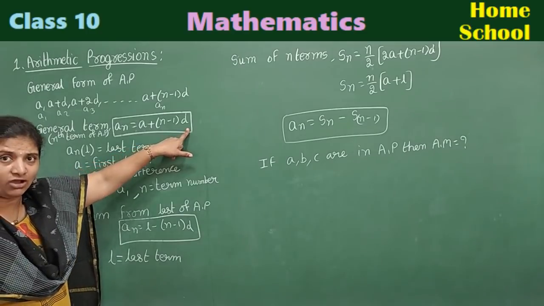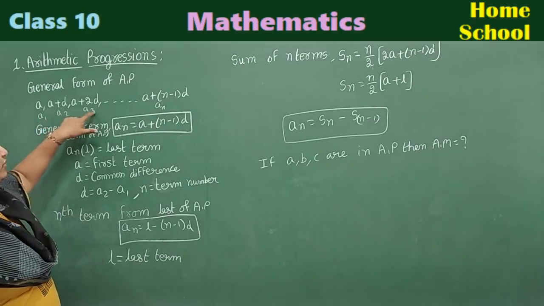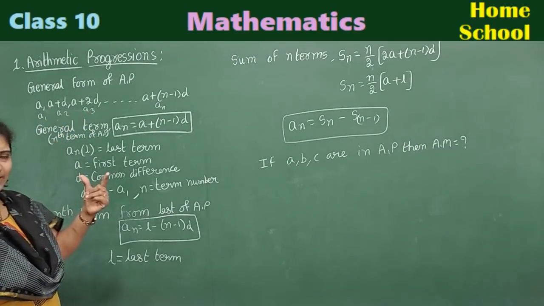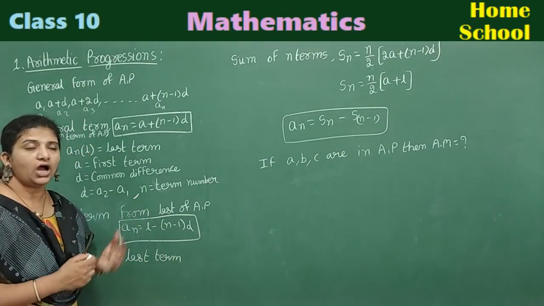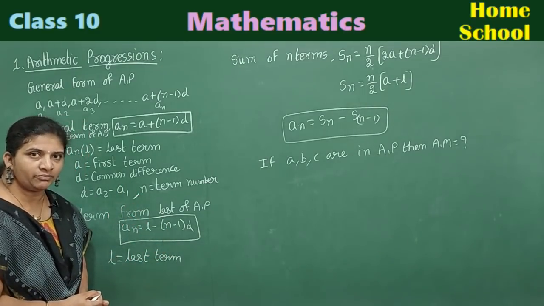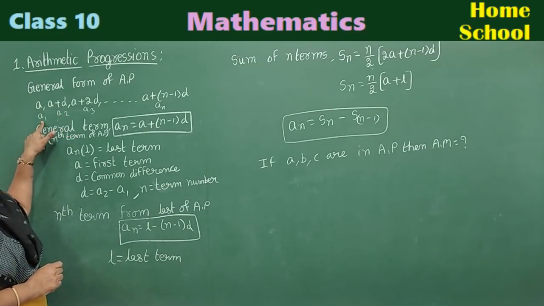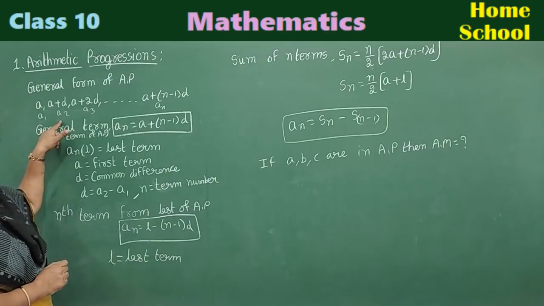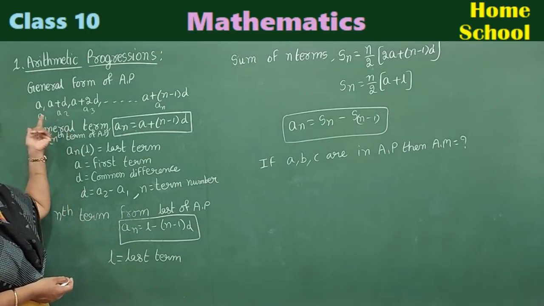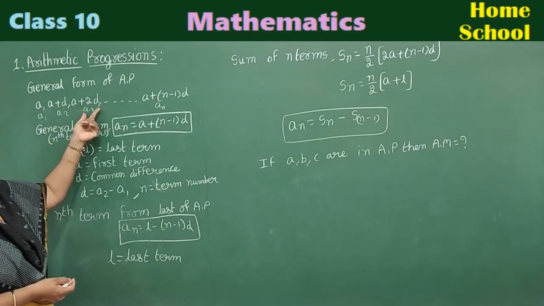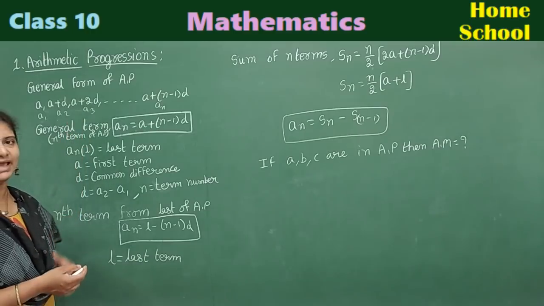How do we get d, the common difference, children? See here, A2 minus A1, A3 minus A2. The difference between any two consecutive numbers will be constant. How do we get the common difference in arithmetic progression? The difference between a term and its preceding term. A term and its preceding term difference is constant. That means A2 minus A1 is equal to A3 minus A2, or it is equal to A4 minus A3.